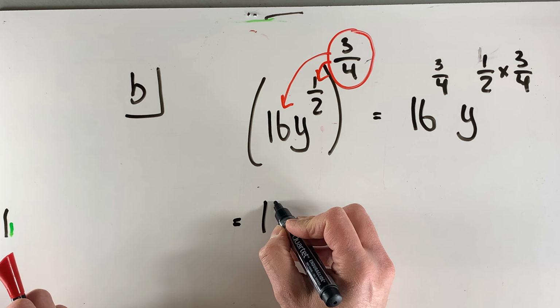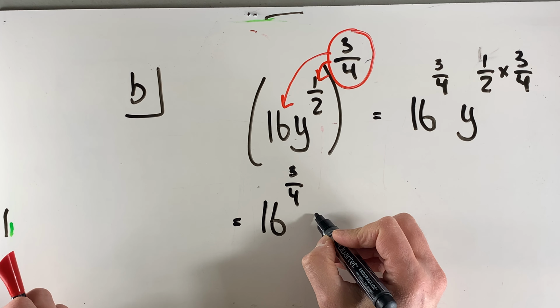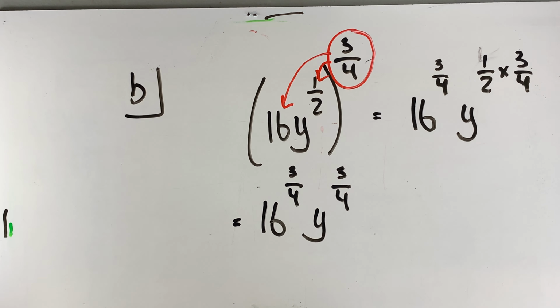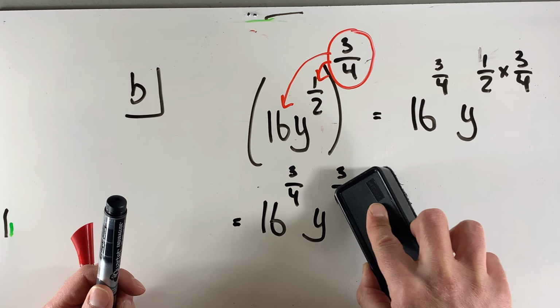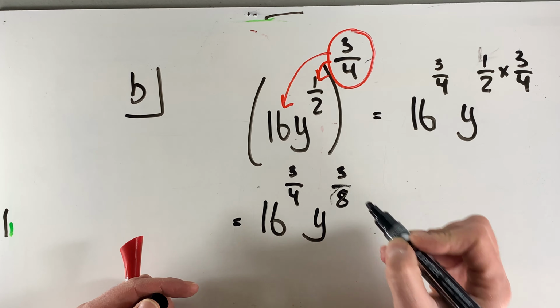We're going to get 16 to the power of 3/4 times y to the power of 3/8 actually. 2 times 4 is 8.